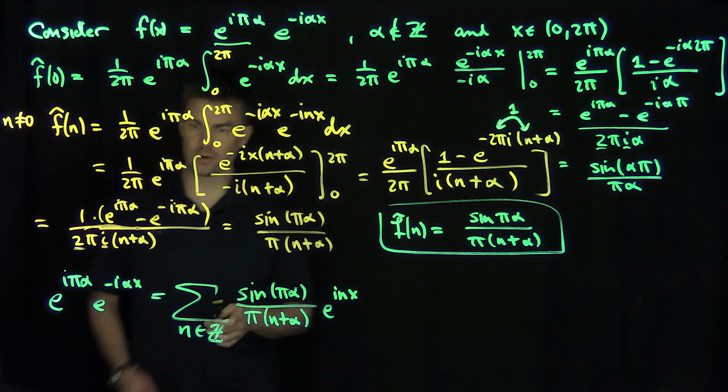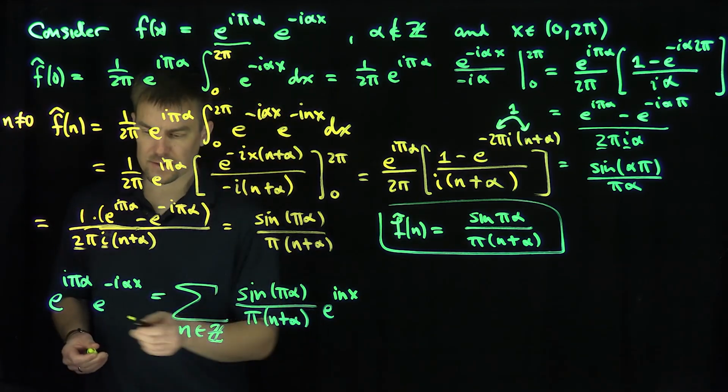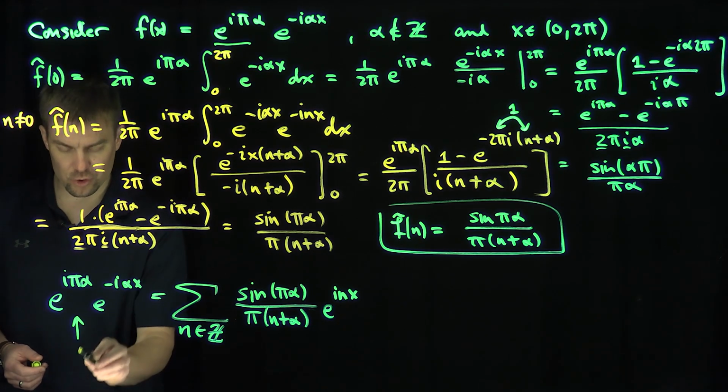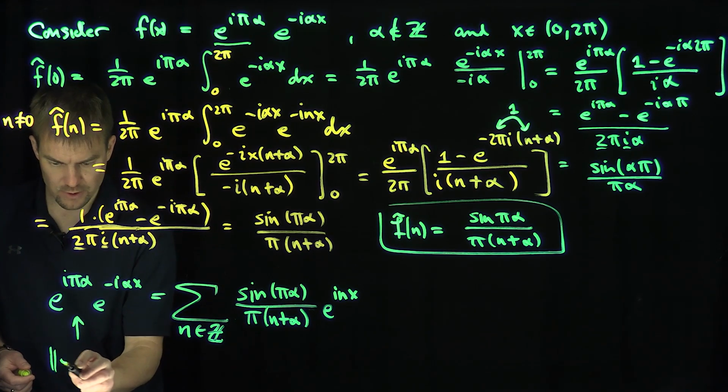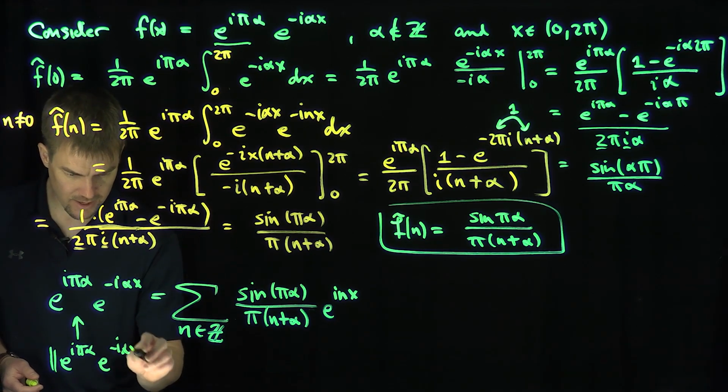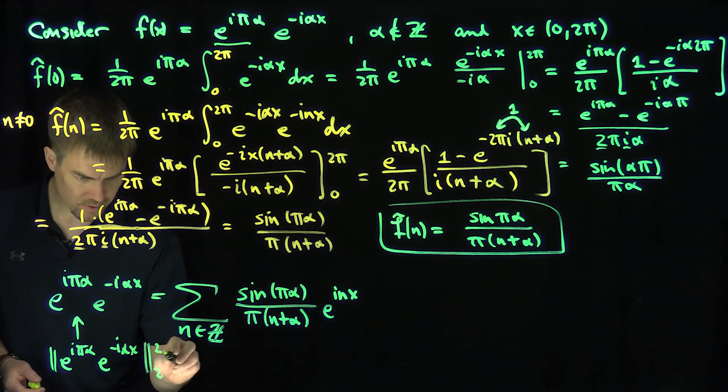And now in particular what I can do is use Plancherel's theorem, because this function is unimodular. It is e to the i something, so the L2 norm of this thing squared is just going to be 1.